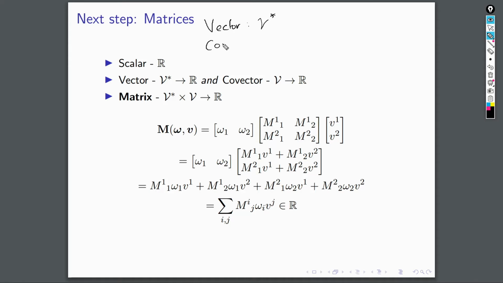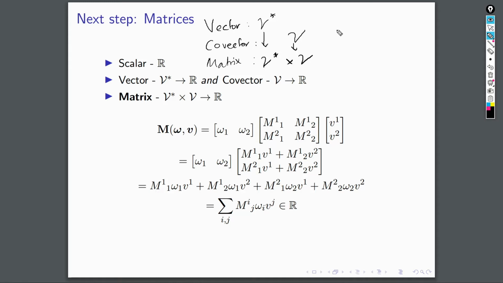The covector took in one copy of the original space, and the matrix takes in a copy of both. So I've combined copies of the dual space and the original.